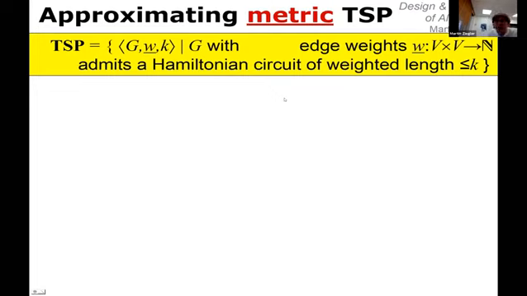That's the point, right? The traveling salesperson problem in general is an NP-hard problem, so we cannot expect it to admit a polynomial time solution, at least in the exact case, but approximately this is possible.